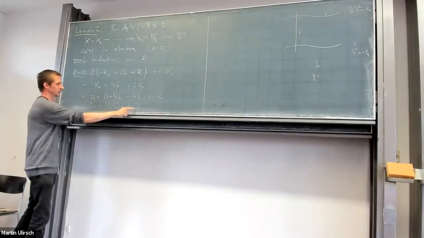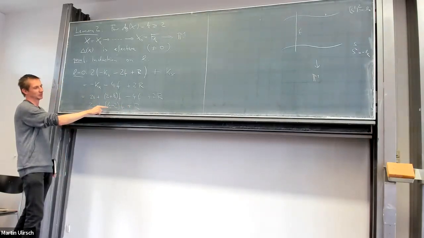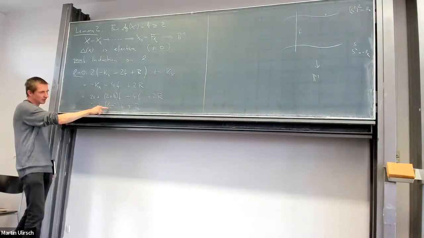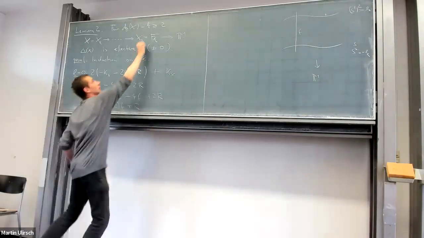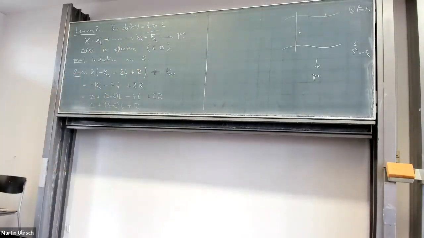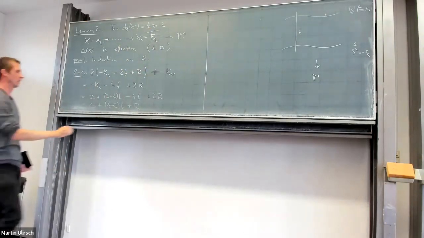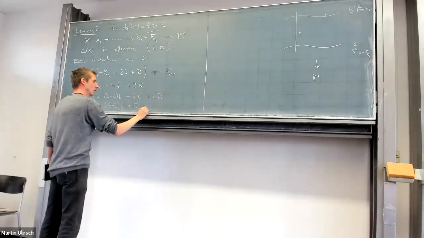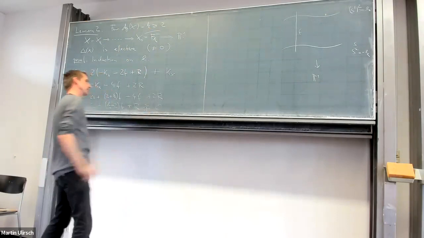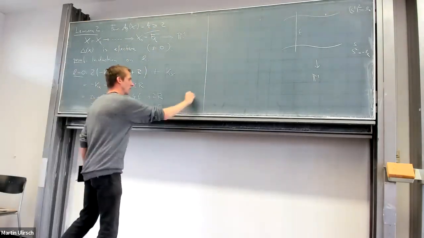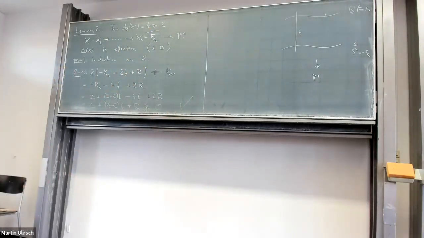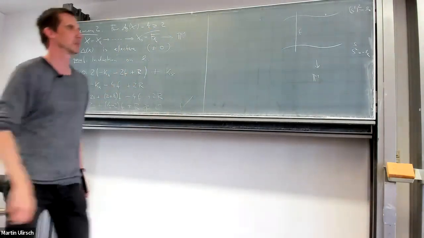And this one is effective by our assumption here, right? So this is indeed effective and not equal to 0. Okay, so we are done with the first step in our induction.